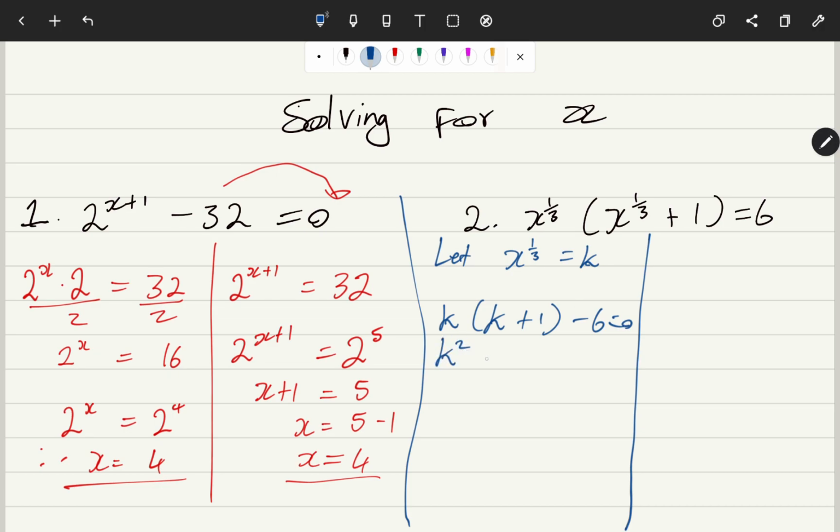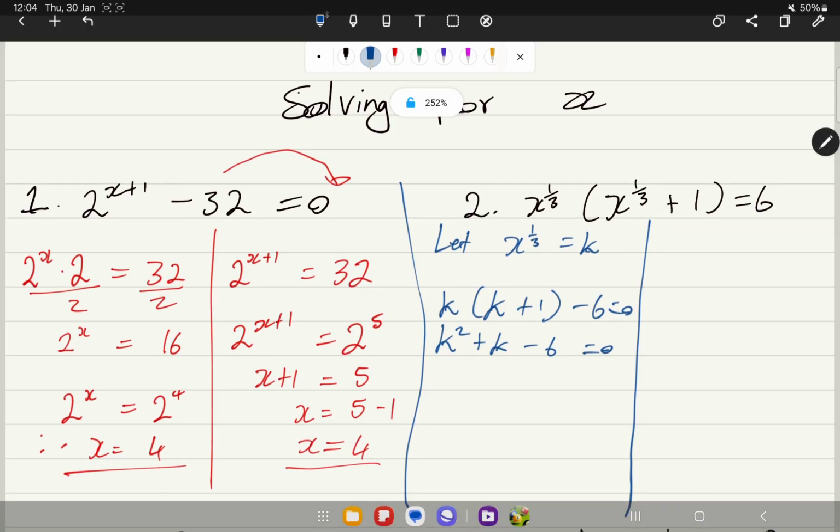That is k squared plus k minus 6 is equal to 0. And you guys must know how to factorize, but don't worry if you've forgotten how to factorize. I'll show you the proper method step by step in chapter 2.